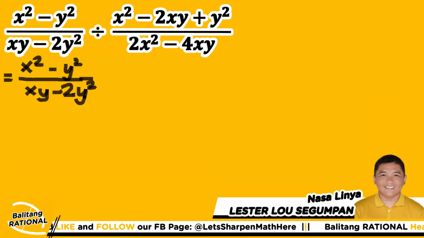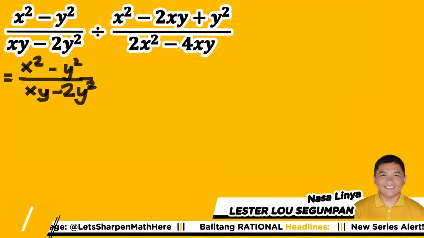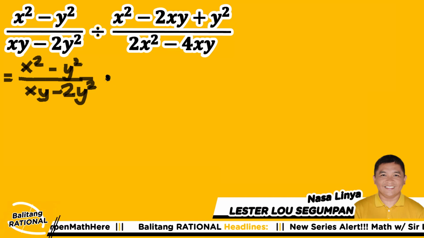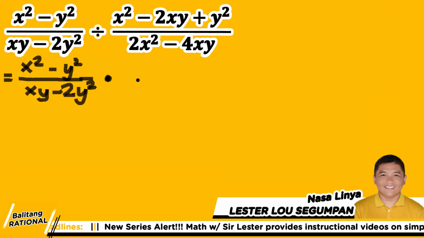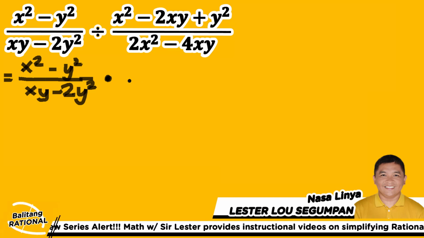So we have kept the first rational expression, or our dividend. Now, instead of division, let's change this to multiplication. That's the change process. And then we flip the divisor, or we give its reciprocal.